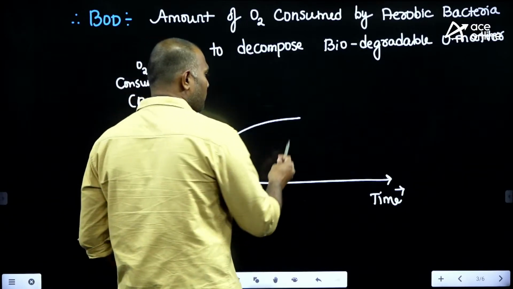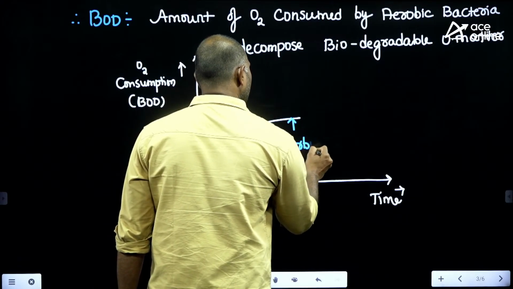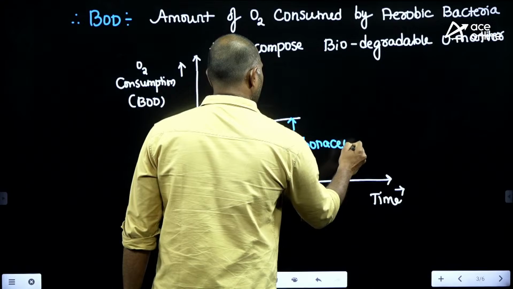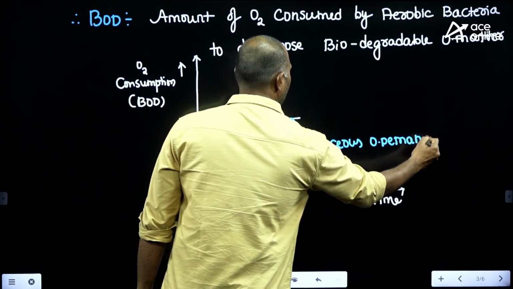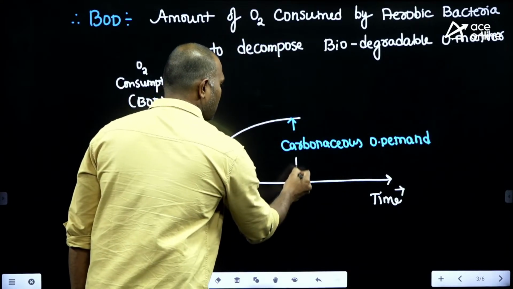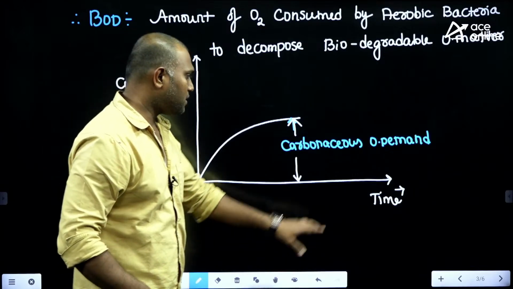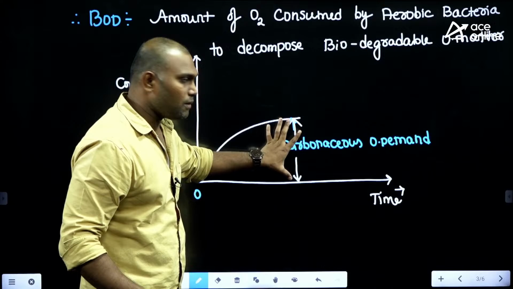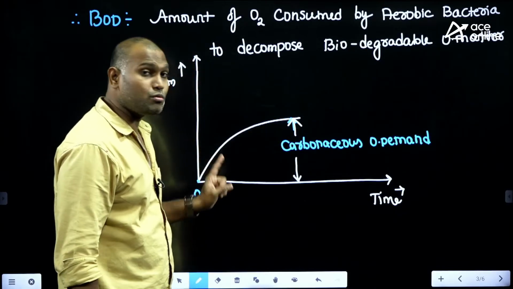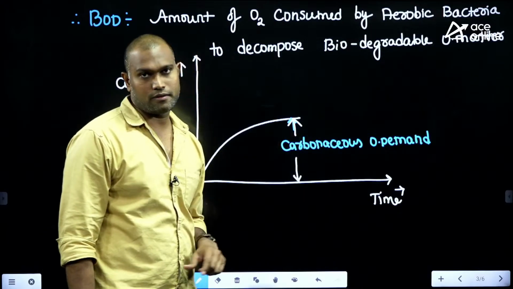And the first form of organic matter that decomposes is the carbonaceous oxygen demand. What is the meaning of carbonaceous oxygen demand? It means this much amount of oxygen is consumed by the microbes to decompose the carbonaceous matter.